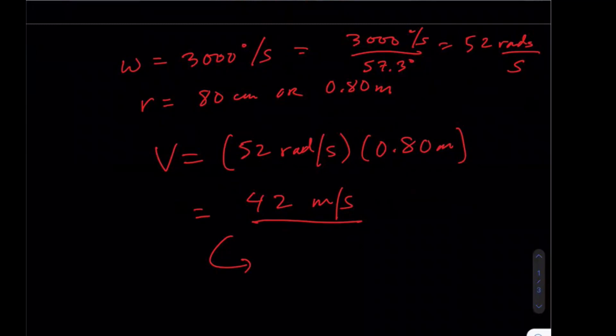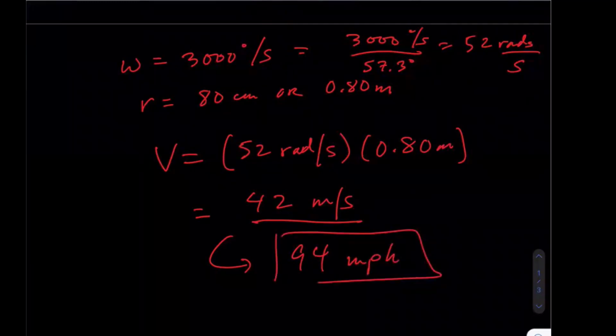So you should get roughly 94 miles per hour. Let me double check my math. That's 42 times 2.23. Yep, 94 miles per hour.